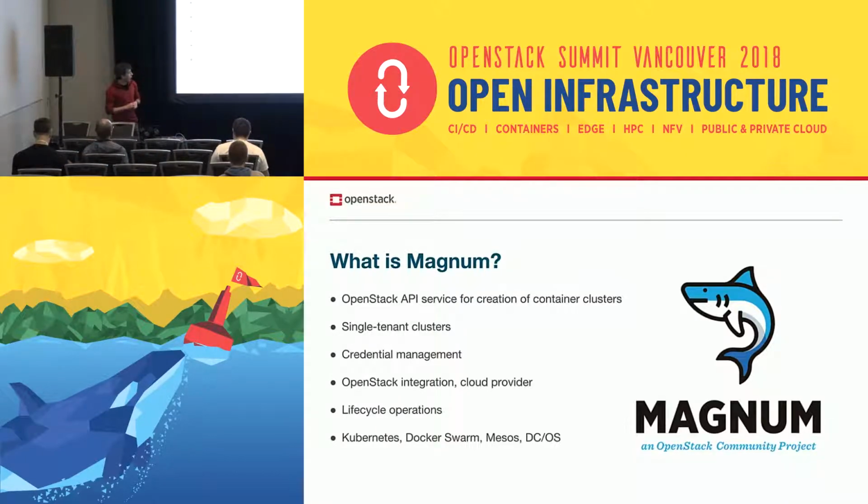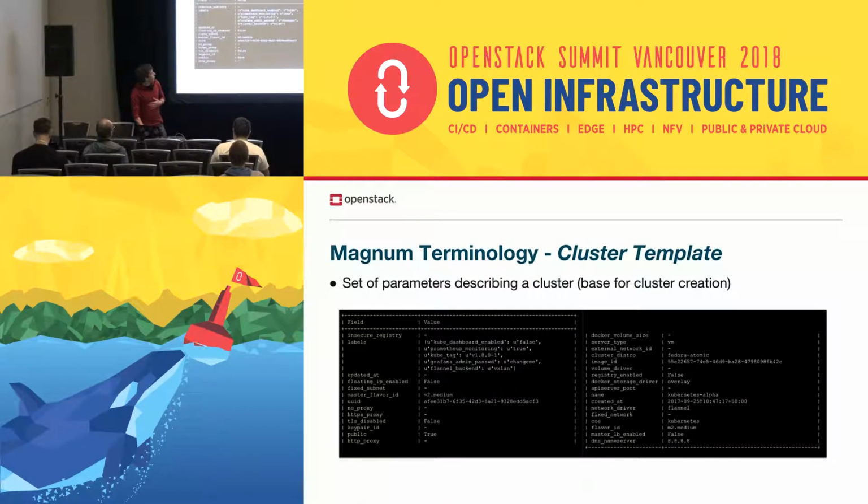One of the features is also that it supports different container cluster engines. Here I list the ones that are supported: Kubernetes, of course, Docker Swarm, and Mesos and DCOS. So here's a quick example of how this looks.